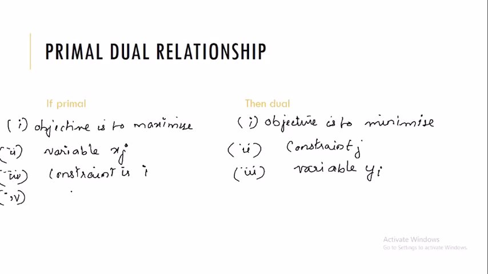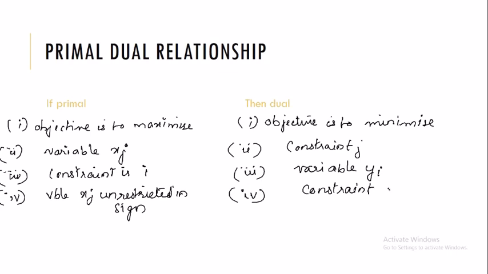Then if the variable xj is unrestricted in sign, then constraint j in the case of dual will be of the equal to type.